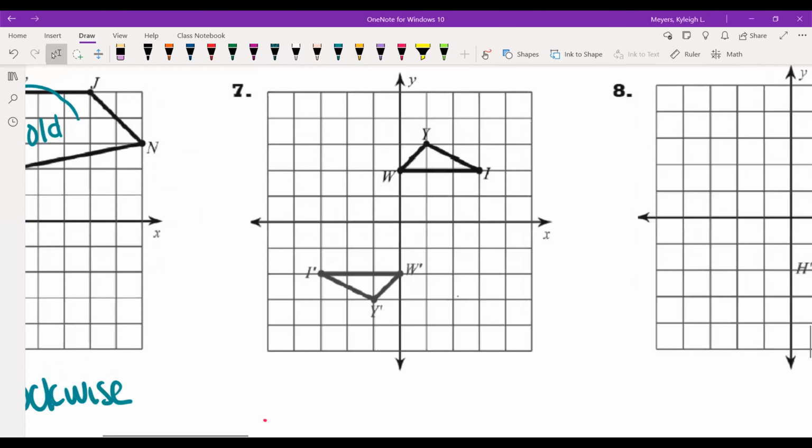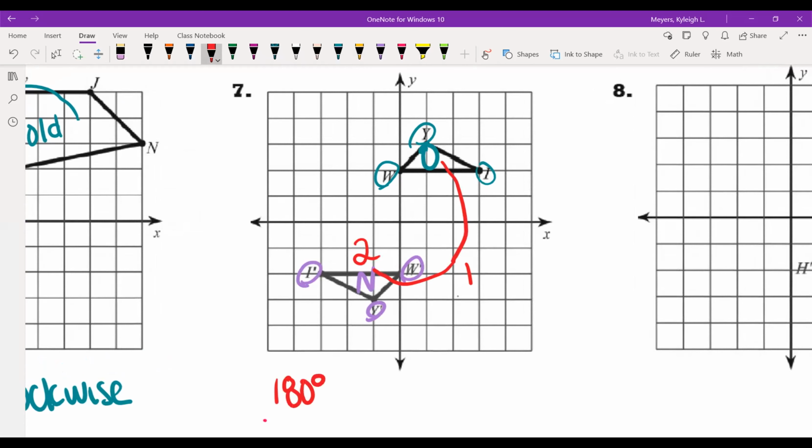Okay, so again, this is my old because there's no apostrophes here. This is my new because of the apostrophes. It doesn't matter really which direction you go, but I'm gonna go down. So we go here once, and then we keep on going to a new quadrant. So we rotate it twice. So that's 180 degrees.